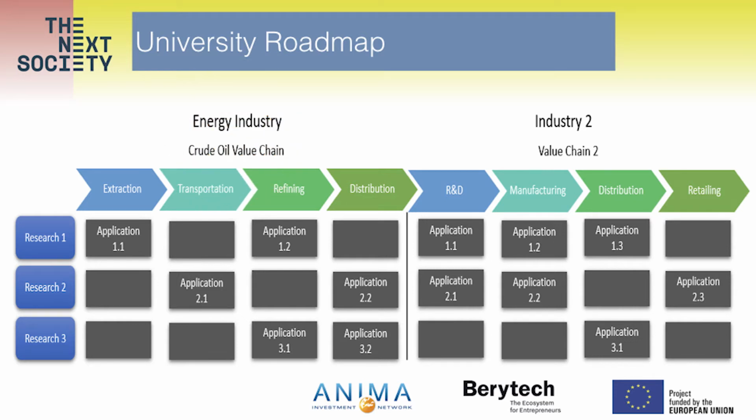So you have, for example, extraction, transportation, refining, distribution, and all that is put on the x-axis. On the y-axis, you would actually identify the kind of technologies and research that's being done inside the university. And the points of intersection define for you areas of opportunity where you can actually commercialize your technology.